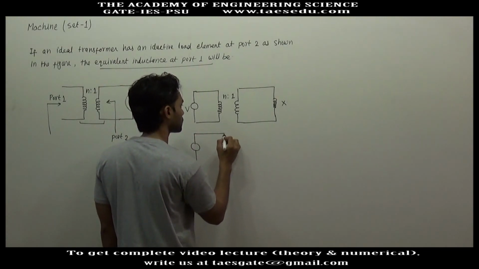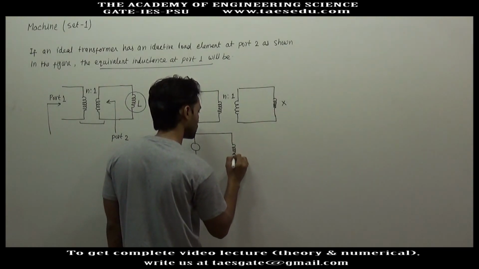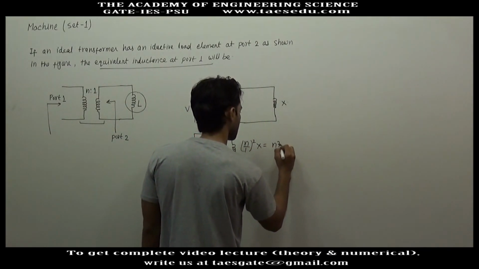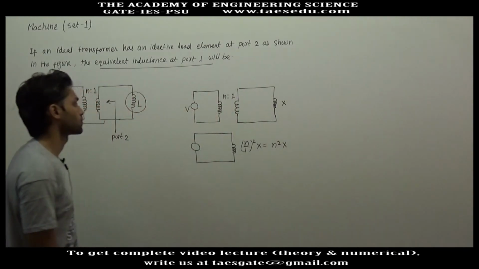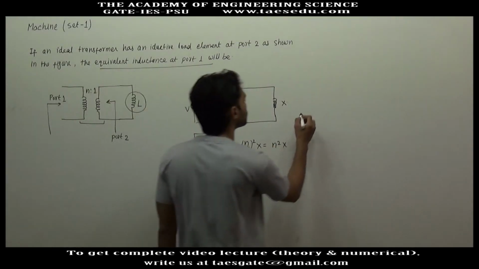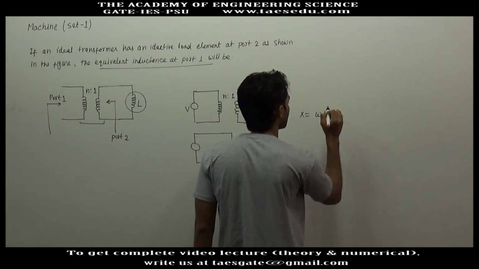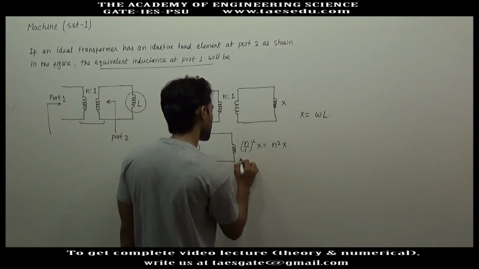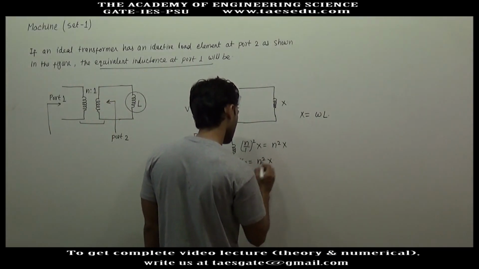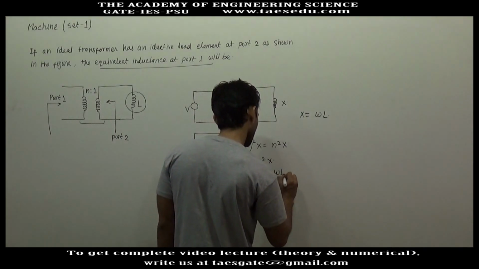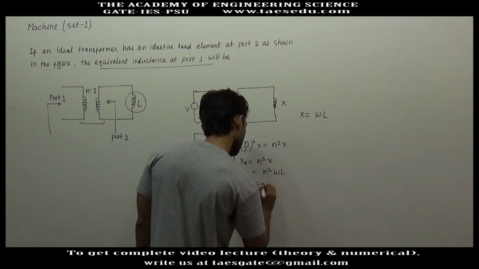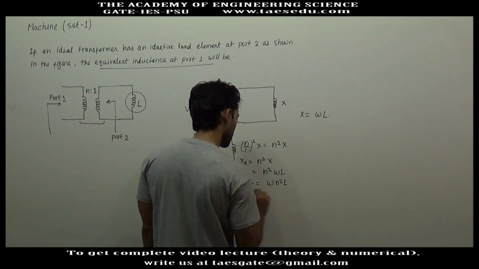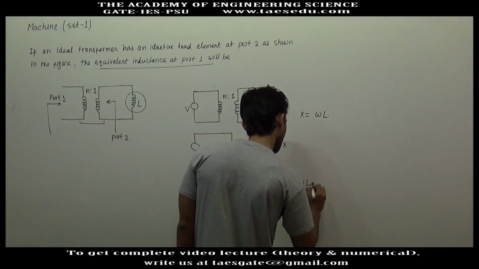this will be V, and this reactance will be n by 1 square into X. This is n square X, where X is omega into L. So here X equivalent is n square into X. This is n square omega L. So X equivalent is omega n square L, or X equivalent can be represented as omega into L equivalent.